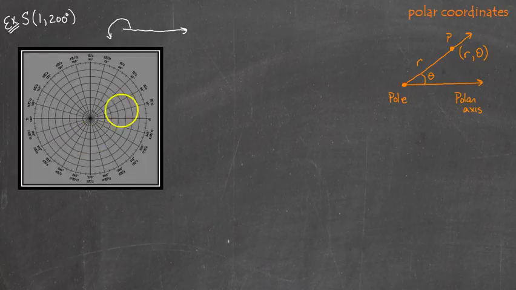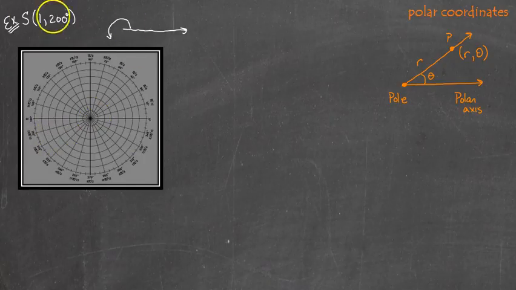So I erred on the side of leaving as much space as possible to work, and so it's not so easy to see these markings around the edge, but the pole right here would be the center and the polar axis would be right here. On the inside, we have degree measurements, 15, 30, 45, and so on. And on the outside, we have radian measurements for the same sized angles.